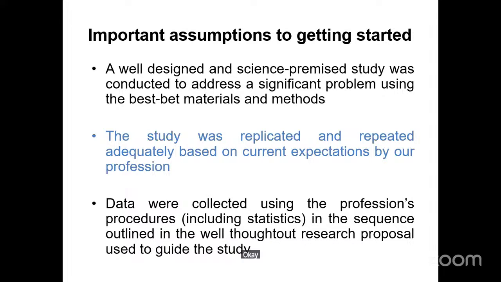Okay? So the assumption here is that everything about the study was done correctly. And now what we are seeing are effects of the treatments. We have minimized any other variation and amplified the treatment effects.